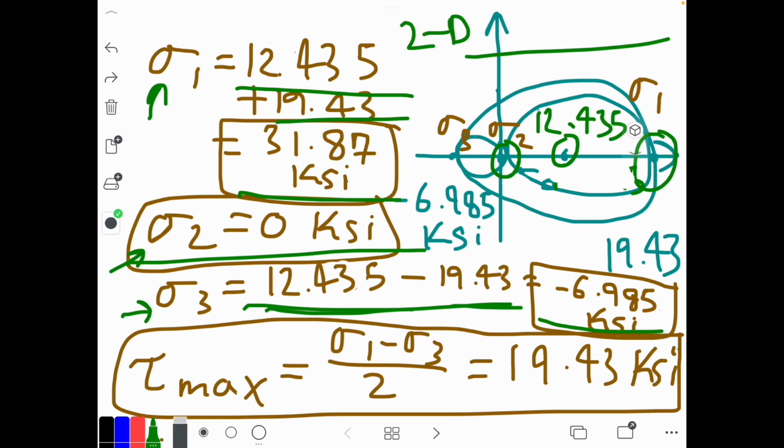How can you find our maximum shear stress? The rule of thumb is you have to look at the circles. We have the 2-3, 1-2, and 1-3 circles. What is the largest circle here? The 1-3 circle. The biggest circle gives us the maximum shear stress.